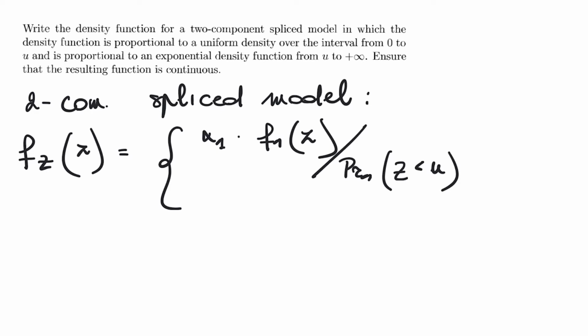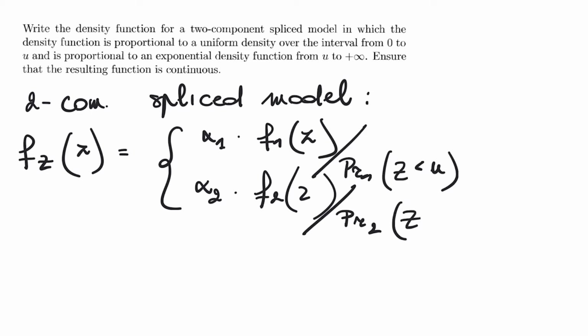In the second component, we have a weight, let's say alpha 2. We use the second density function, but now restricted to the fact that z needs to be within the interval between u and plus infinity, so z needs to be larger than u.